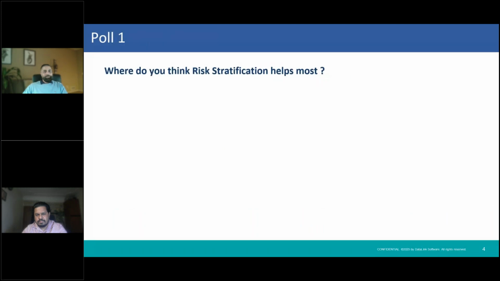Okay, so we have a polling question for you, and it's going to appear on your screen right now. The question is, where do you think risk stratification helps most? This is a pick one that best applies. I'm sure it'll help in all these. Is it care planning, coordination, intervention planning, financial planning, or all the above?